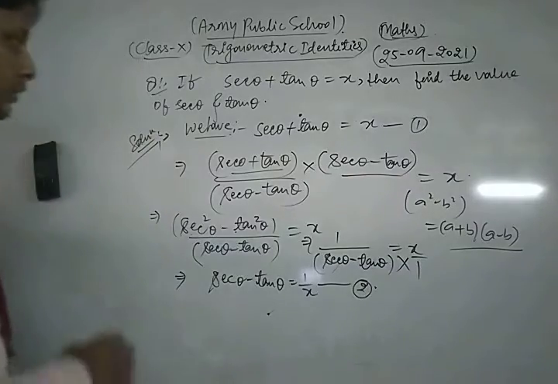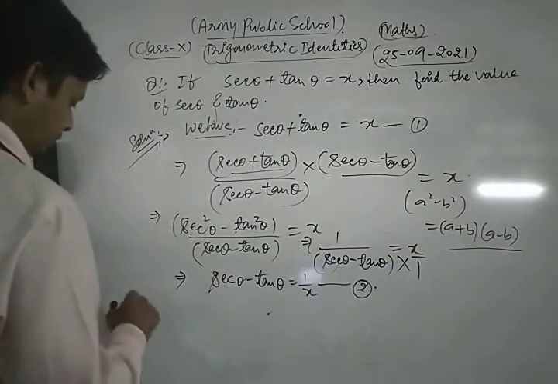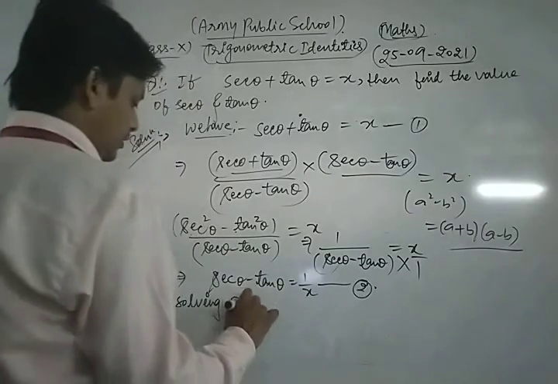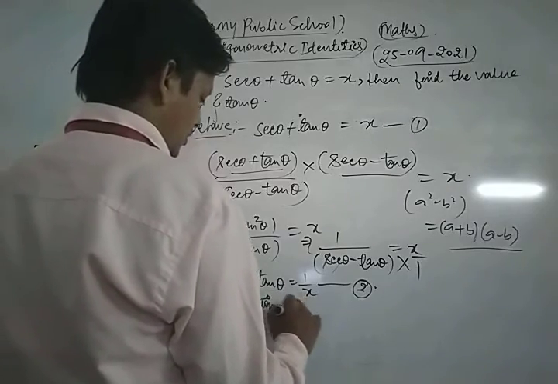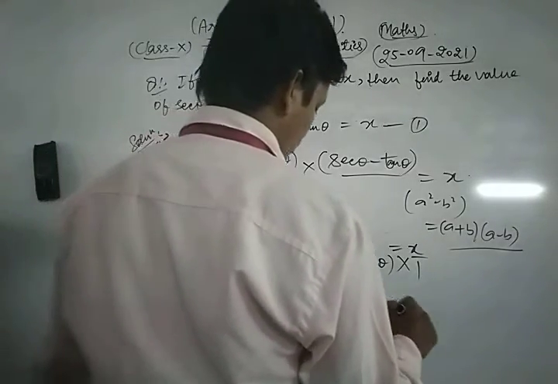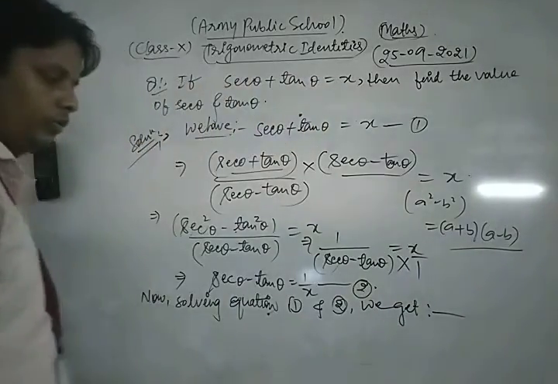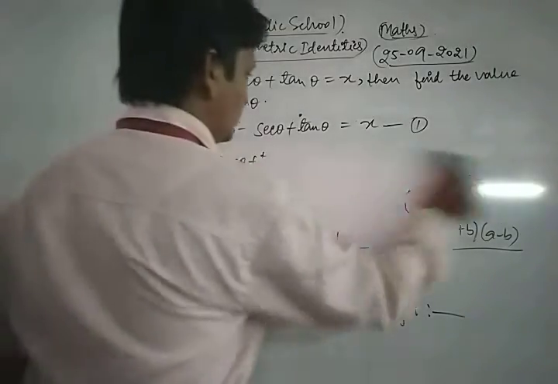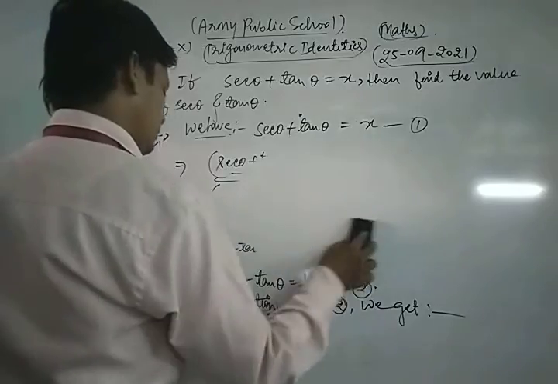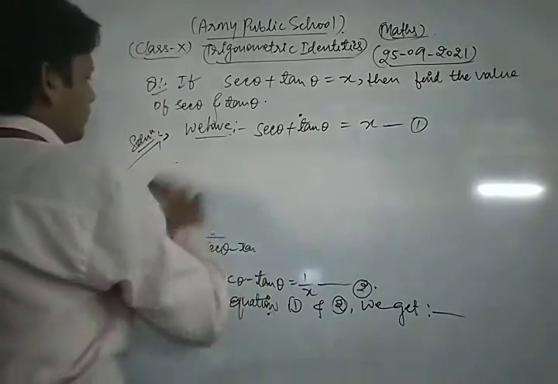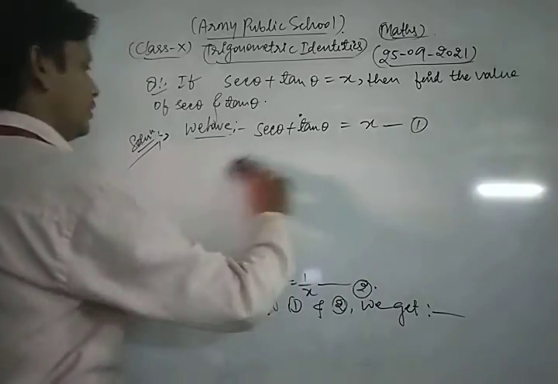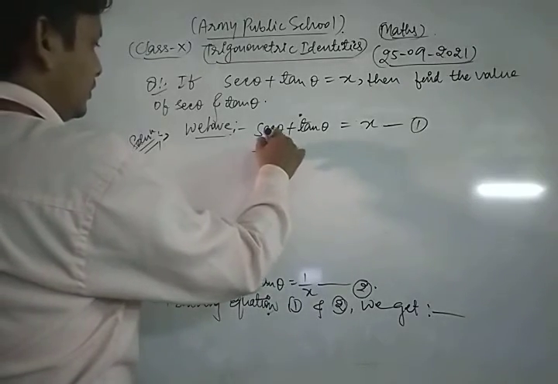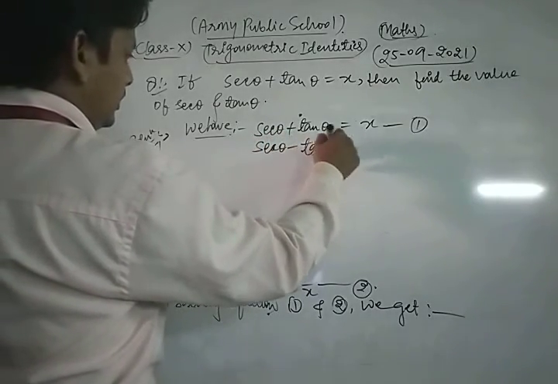Now this is equation 1, and this is 2: sec theta minus tan theta is equal to 1 upon x.